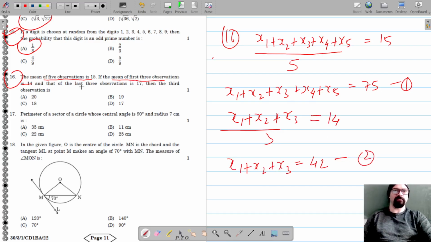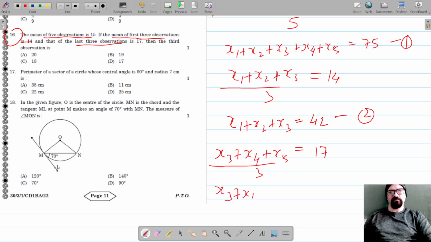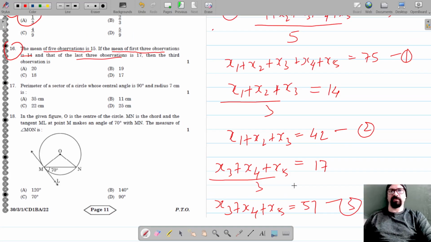This is the second equation. Now the last 3 observations, that is x3 plus x4 plus x5, have a mean of 17, which gives me x3 plus x4 plus x5 is equal to 51. Let this be the third equation.